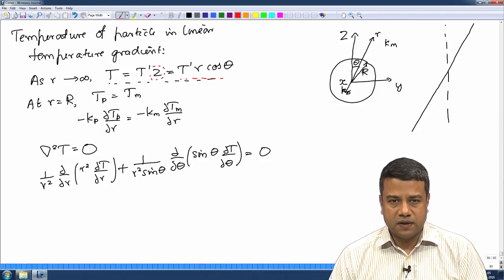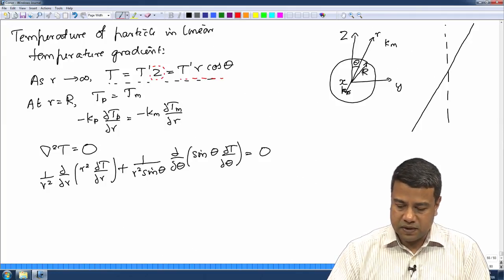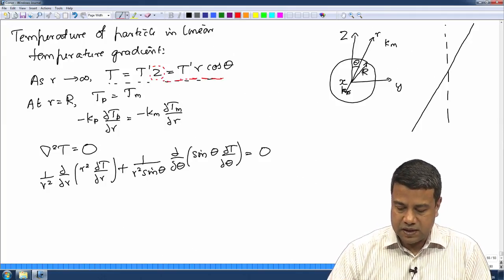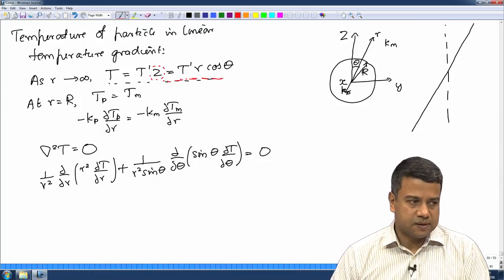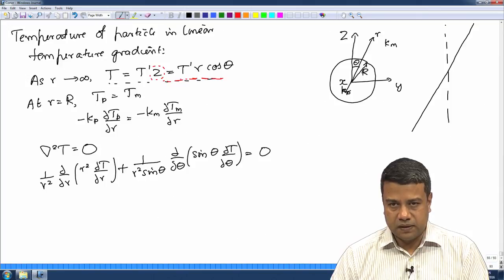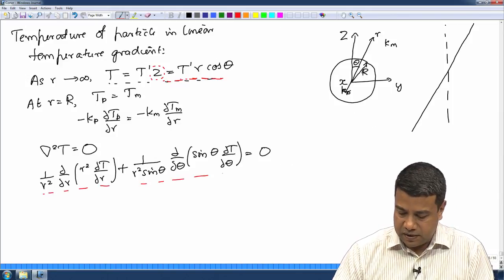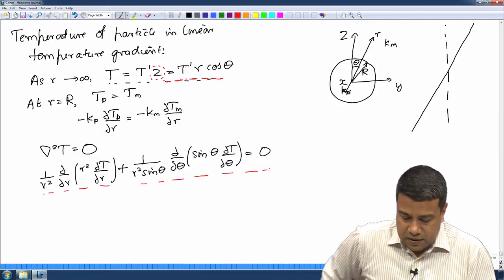And we have to solve the Laplace equation for the temperature field. In this particular case, the temperature does depend upon r and it does depend upon theta, because the boundary condition says that temperature is equal to r cos theta. It does not, however, depend upon phi. So, therefore, it becomes a two-dimensional problem. And this is the conservation equation.